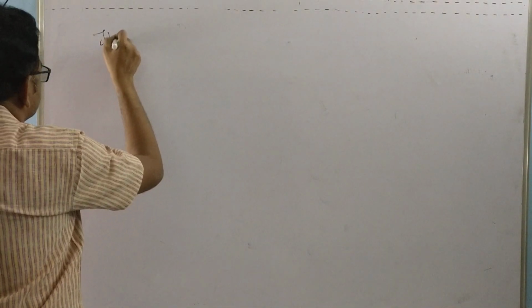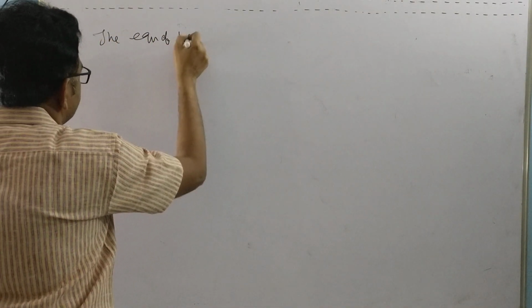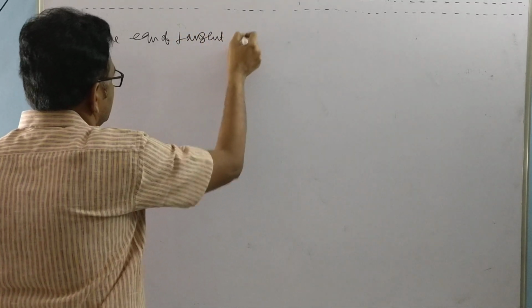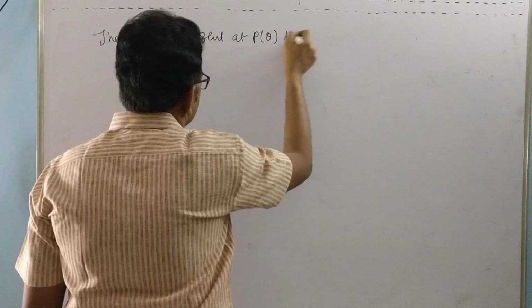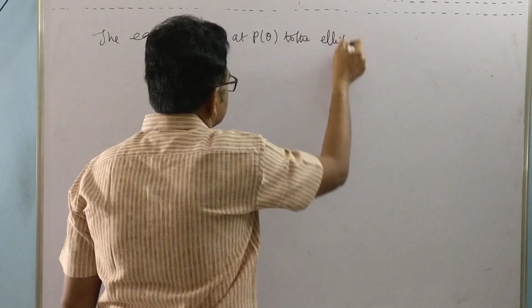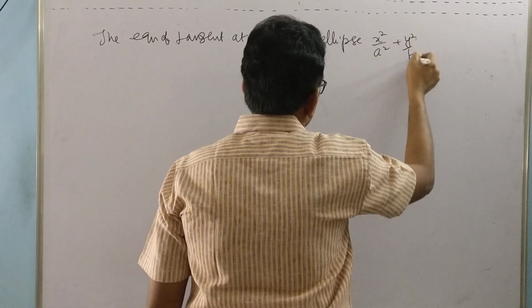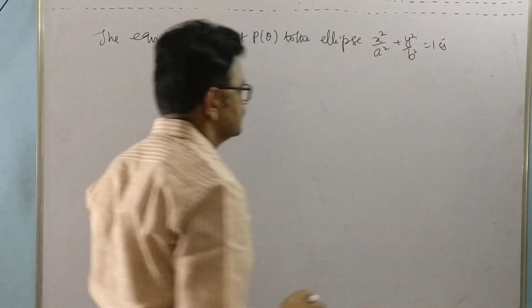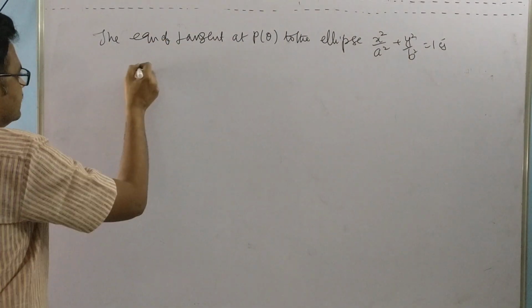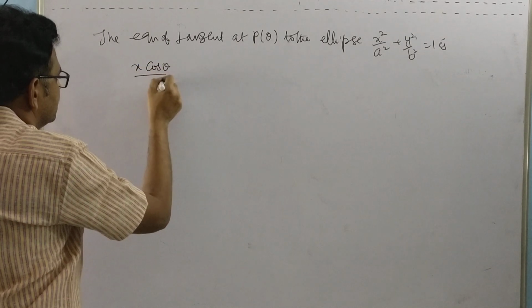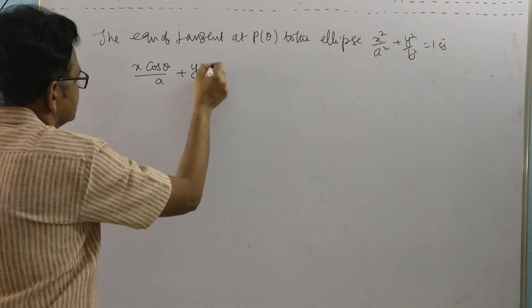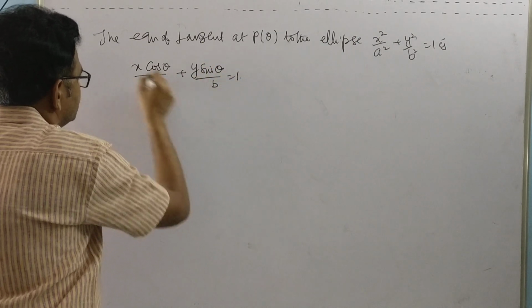Next one, the equation of tangent at P theta to the ellipse x square by a square plus y square by b square equal to 1 is x cos theta by a plus y sin theta by b is equal to 1.